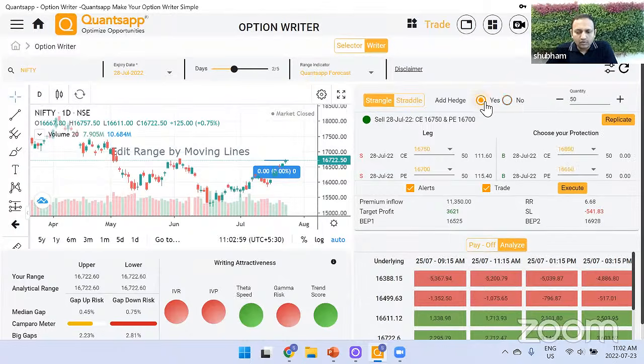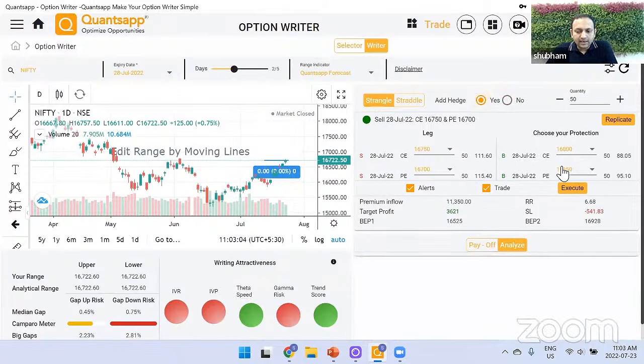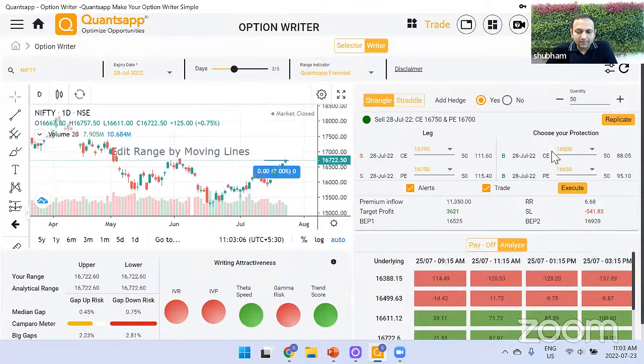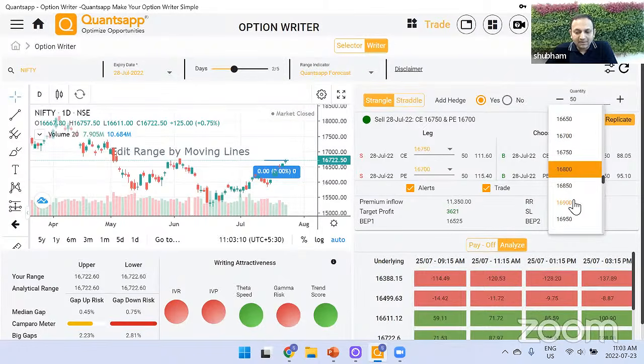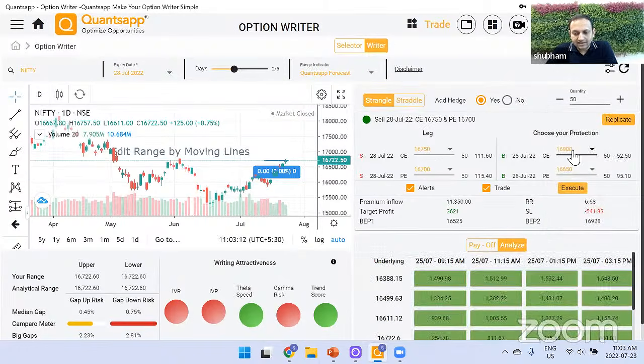So if you want to add a hedge, you can just click on yes. It will give you the next strikes, but you will need to choose your own hedge. If I want to hedge this, I can choose, let's say, 16,900 on the upside and 16,600 on the downside, then you can see this table is changing and telling you how my profitability will be impacted.